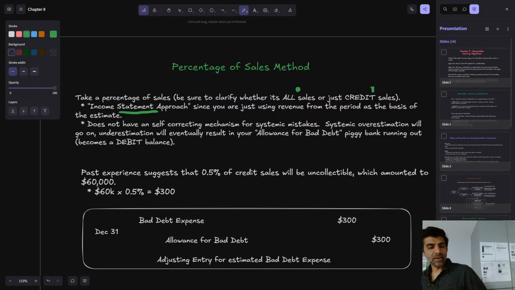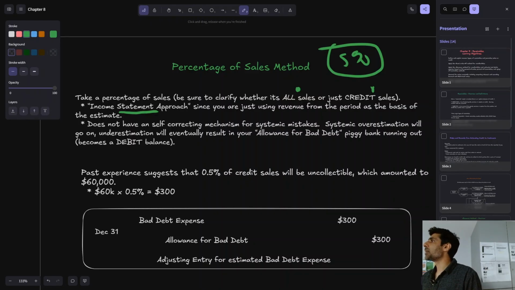Okay, so it's going to be like 5%. 5% of what? It's going to state whether it is 5% of credit sales. Then you'll see how much you generate in credit sales and multiply that by 5%. If it's 5% of all sales, you'll multiply your total revenue by 5% to get the bad debt expense. So just make sure that you know what the percent is applied to.